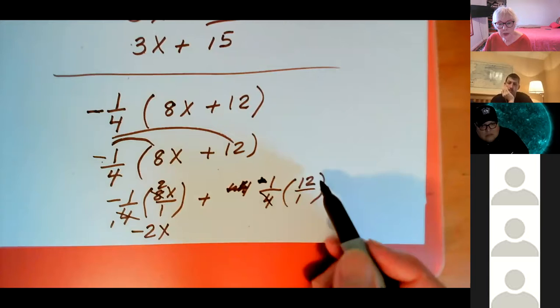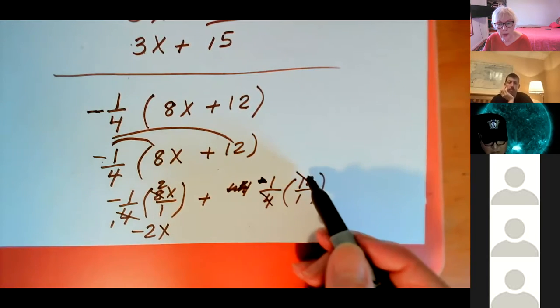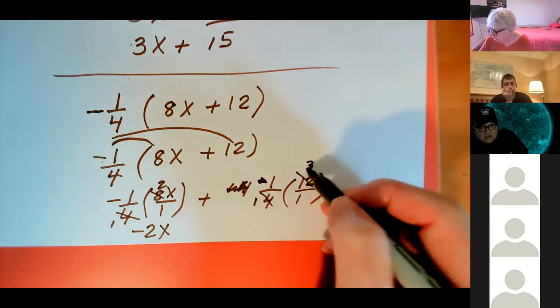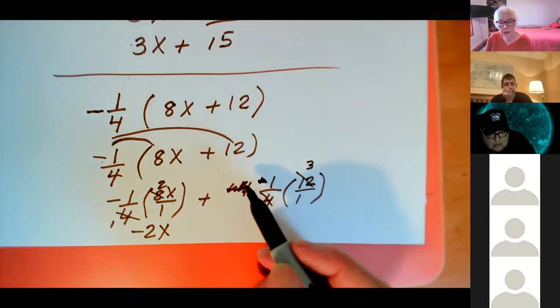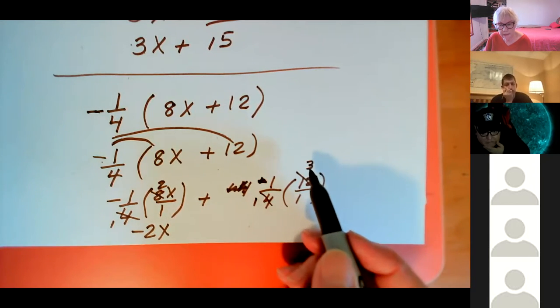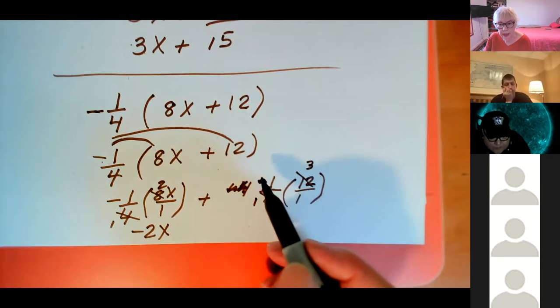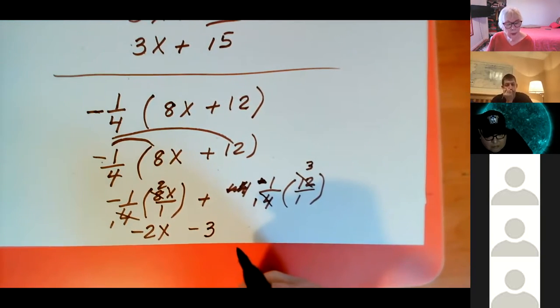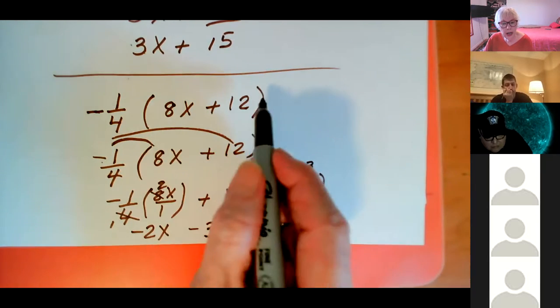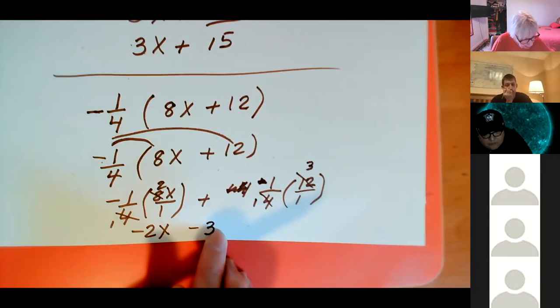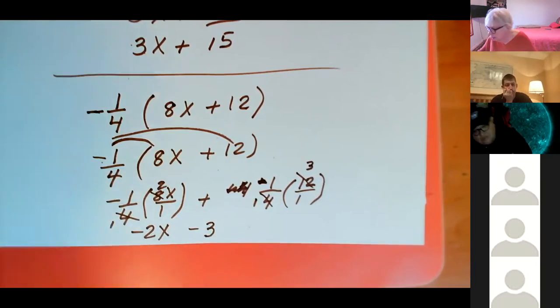I'm going to cancel or reduce the 4 and the 12. 4 goes into 4 once, into 12 3 times. So what I have left is -1 times 3, and -1 times 3 is -3. Okay. So what turned out to be a mess simplified down to this. And so there was one more thing I wanted to talk about.